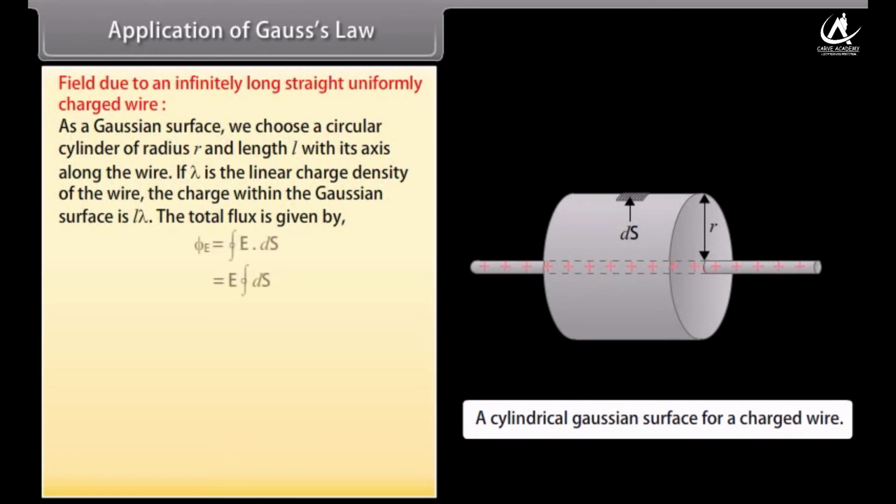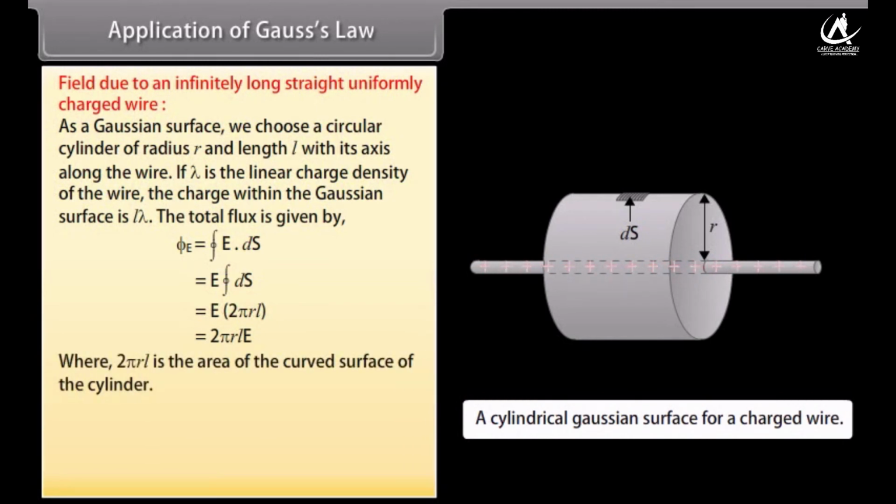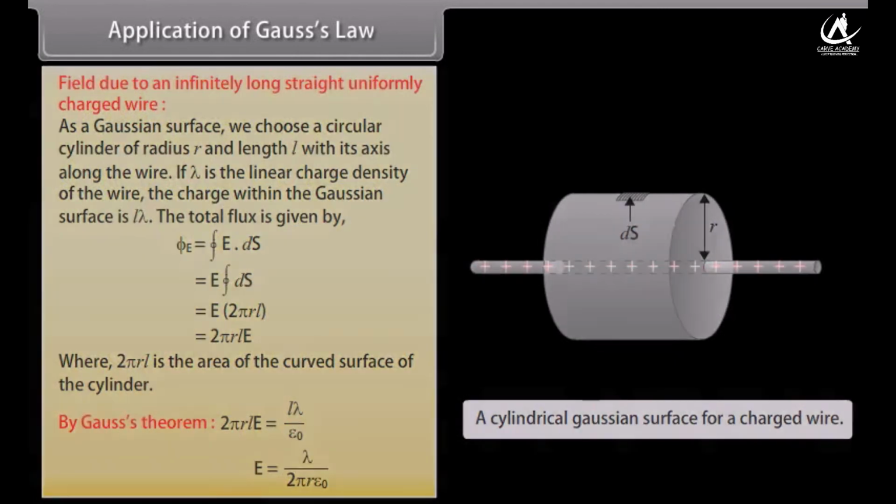We know that phi E is equal to the integral over a closed surface of E dot dS, which equals the product of E and 2 pi r L, where 2 pi r L is the area of the curved surface of the cylinder. According to Gauss's theorem, the electric field at any point at a radial distance r from the wire is equal to lambda divided by 2 pi r epsilon naught.